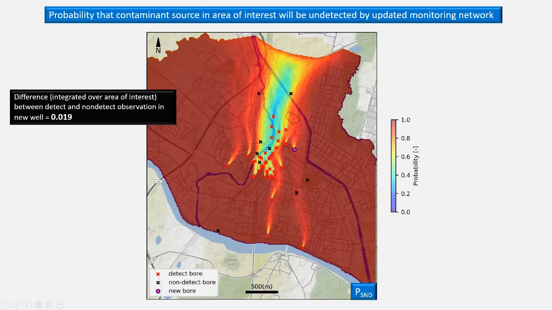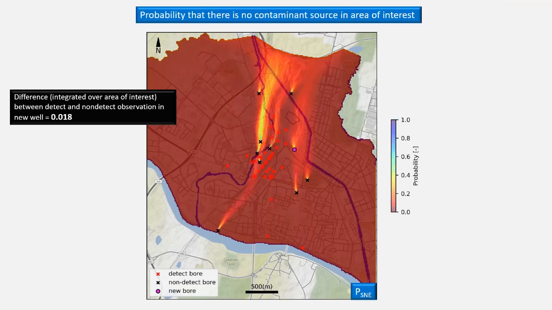That integrated difference is the information content of that measurement with respect to this polygon. For this particular well, it's 0.019 out of a maximum of 1. For this well, it's 0.056 out of a maximum of 1. This is the better well to drill.